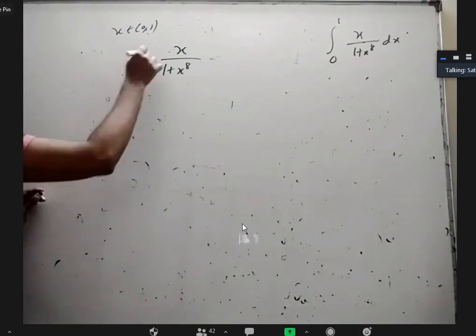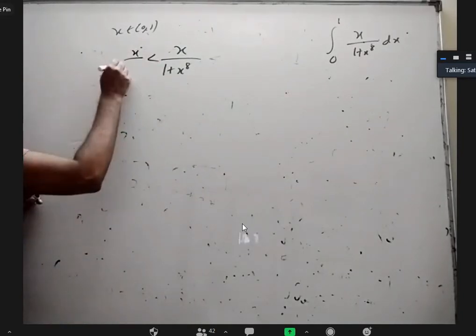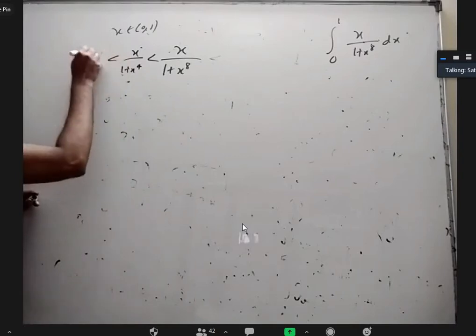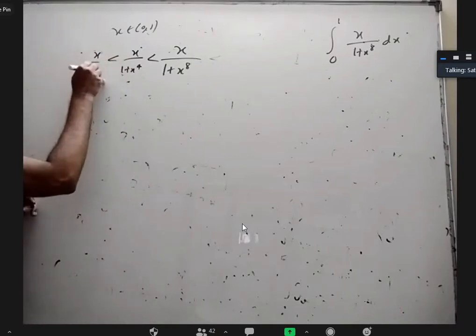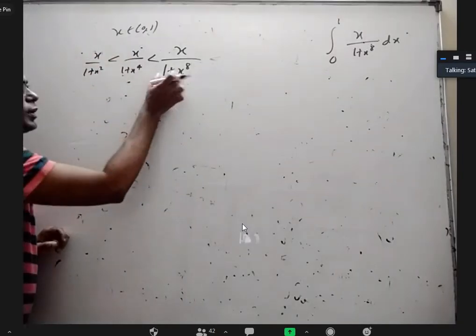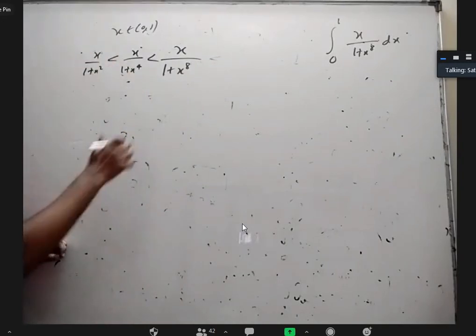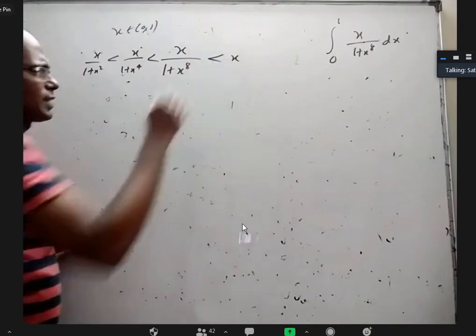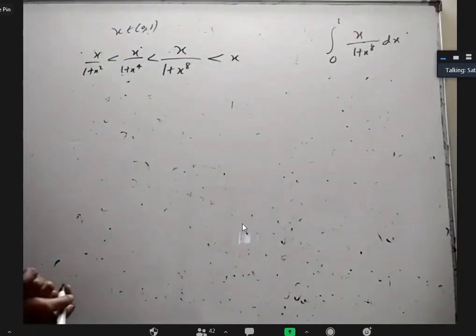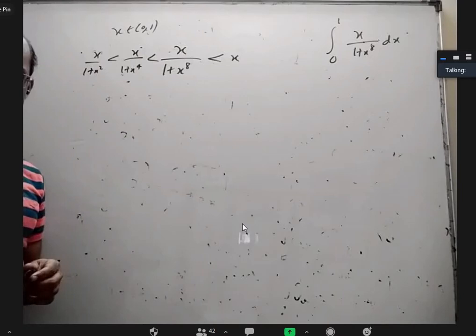This will be less than x by 1 plus x power 4 and less than x by 1 plus x squared. From here to here, the denominator increased and increased further, so the whole thing decreased. I can even say it is less than x. Am I correct? Yes, sir.